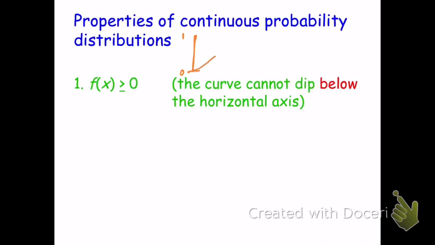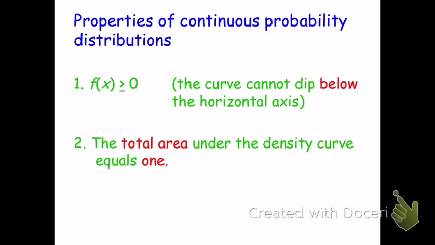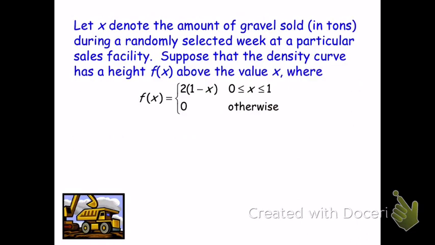Your curve will always be in between 0 and 1. You'll always have a horizontal line at 0. You can never have a negative probability, so that's why it never dips below the horizontal axis. You might see a multiple choice or true/false question about that. And then the total area of the density curve does equal 1.